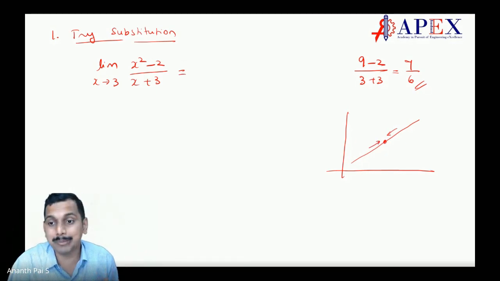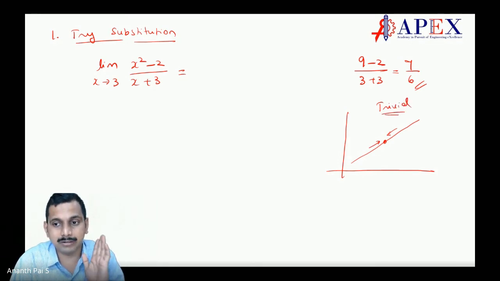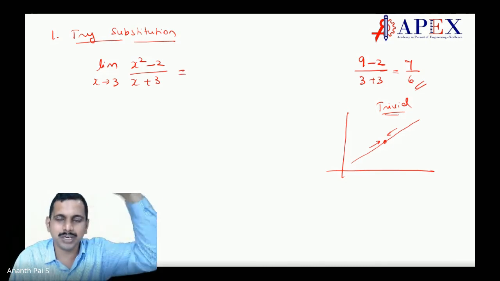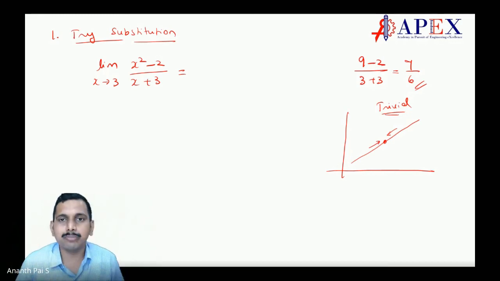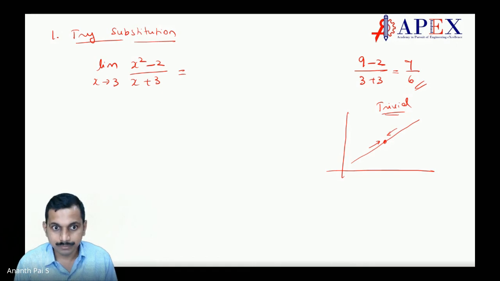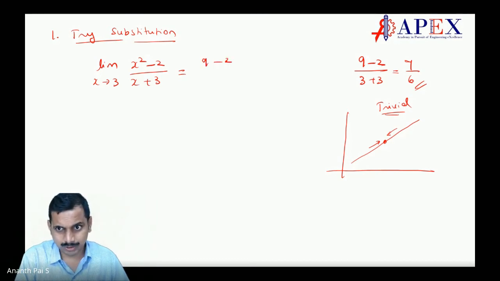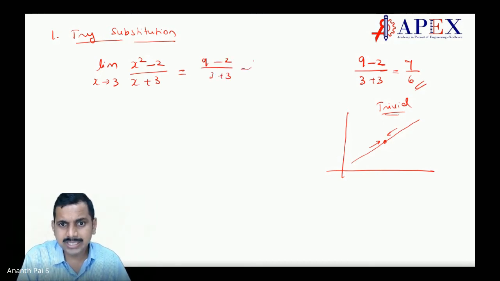Although this is a trivial concept, there are cases when you do problems where you will not be able to guess whether it is defined or not defined. So first, try substitution and find it out. So 9 minus 2 over 3 plus 3 gives 7 by 6.